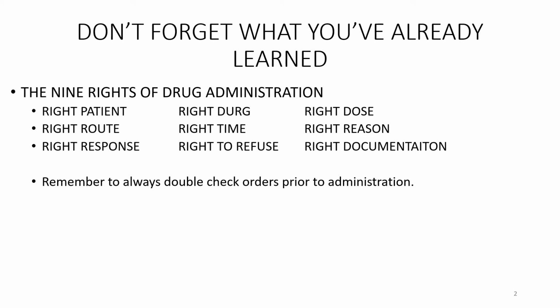Okay, so just remember the rights, and again, triple check those orders, triple check those drugs that you're actually giving, and just be mindful of patient safety at all times. So as we move forward, we'll dive into that a little bit more. Just don't forget what you've already learned.